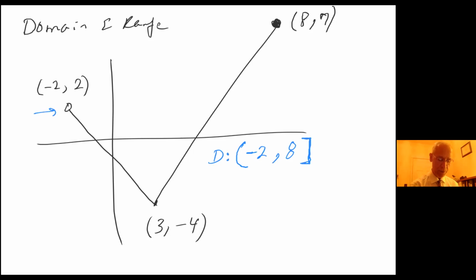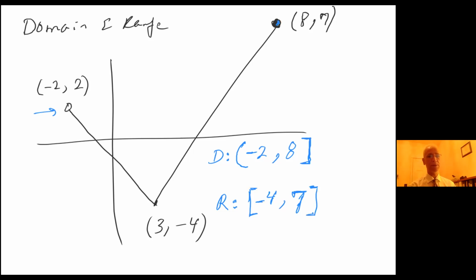How about range? For the range, look at the height. The least height that you have in the graph is -4, and -4 is included. And then go from -4 all the way to 7. And 7 is included because this circle is full right here.